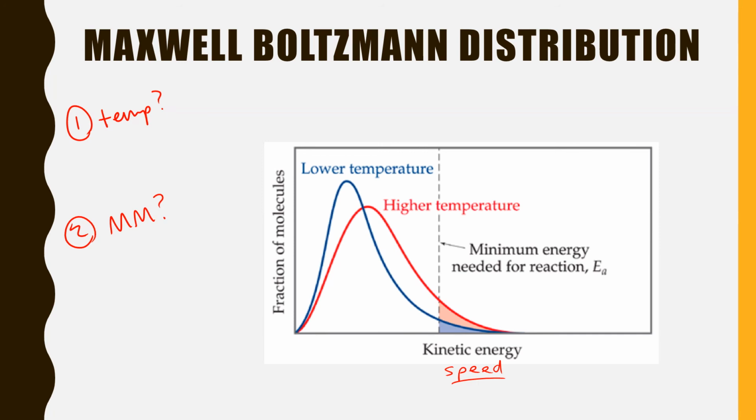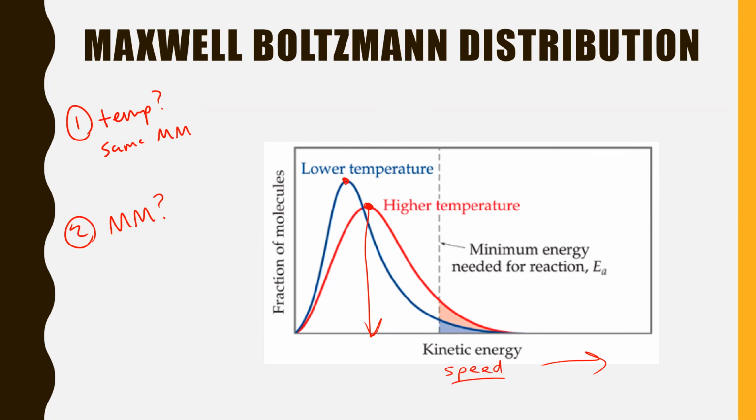If they relate temperature, then you basically have the same substance, so the same molar mass. And you look at the curve and which peak is dropped down furthest to the right. So this peak right here, the red line, drops down right there.